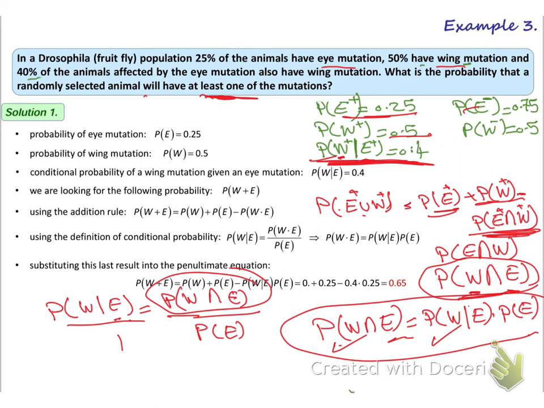So P of W given E, 0.4, times probability of E, 0.25, equals 0.1. So this is the probability of W intersect E, or WE, 0.1.